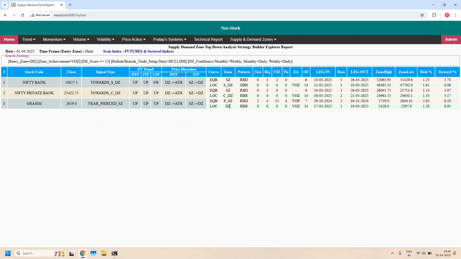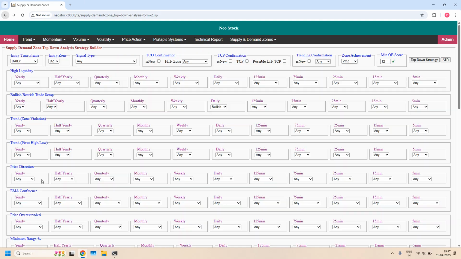In these 3 stocks, all these daily demand zones are overlapped with their weekly demand zones. Again, both together overlapped with monthly demand zones, and monthly trend is up in all the 3 stocks. So if monthly demand zone is having monthly EMA, then these daily demand zones are having even more high probability to get success. Let's verify.